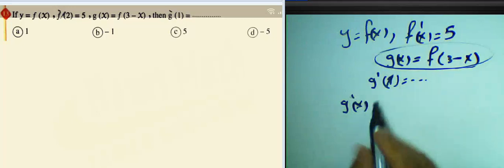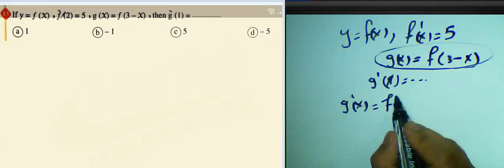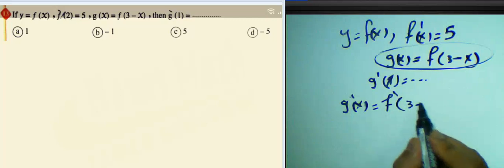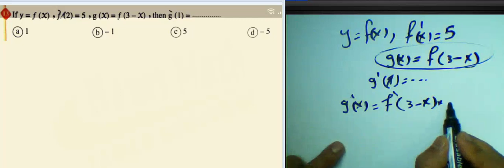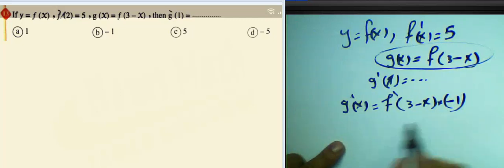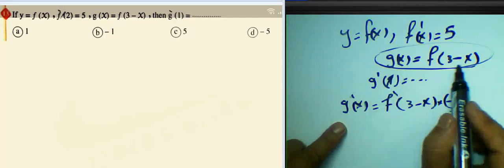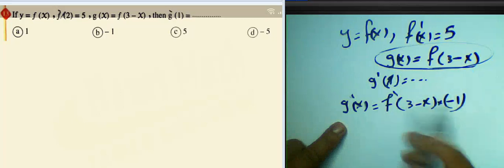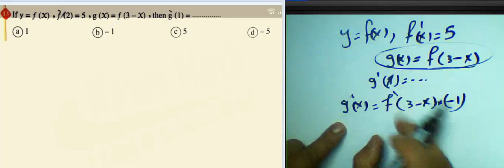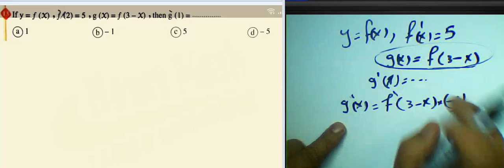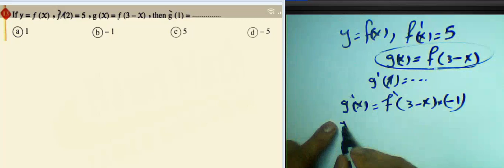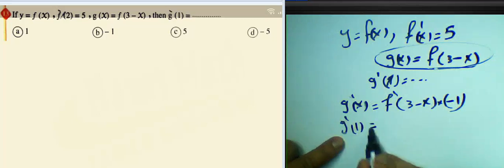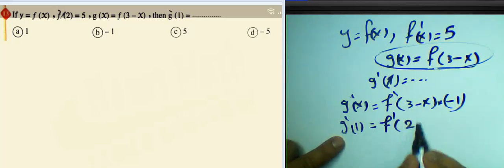G dash of x will be f dash of 3 minus x, times the derivative of 3 minus x, which is negative 1. Put x equal 1, then g dash of 1 equals f dash of 3 minus 1, equals 2, multiplied by negative 1.